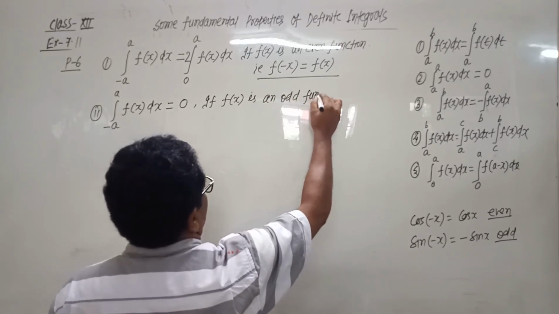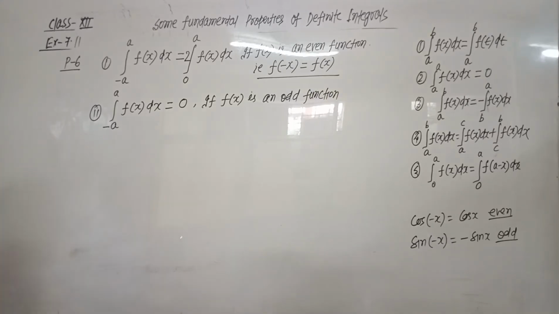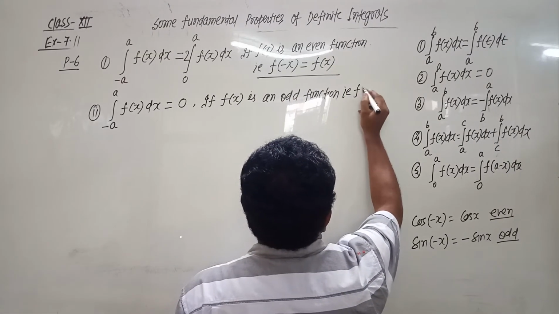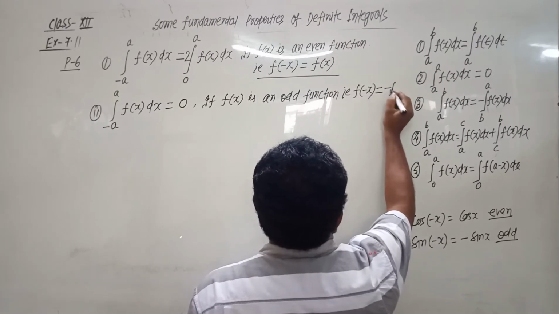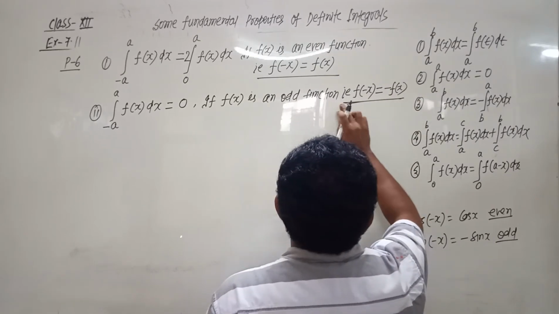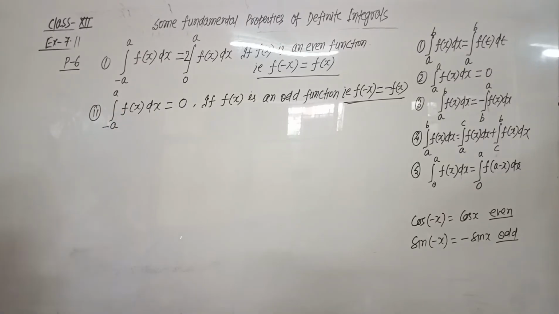If f(x) is an odd function, it means f of minus x is equal to minus of f(x). If f(x) is an odd function, then the integral from minus a to a f(x) dx is equal to 0. So let us prove this result.